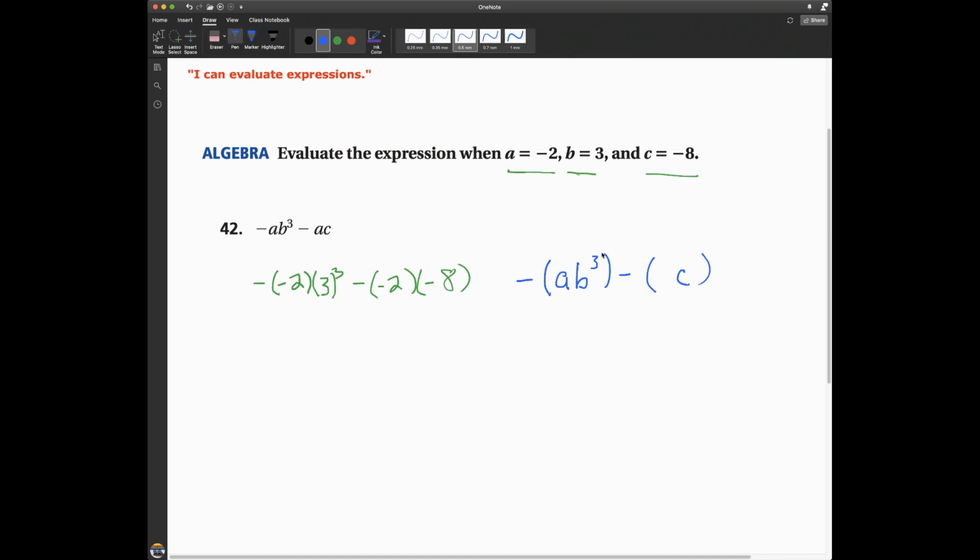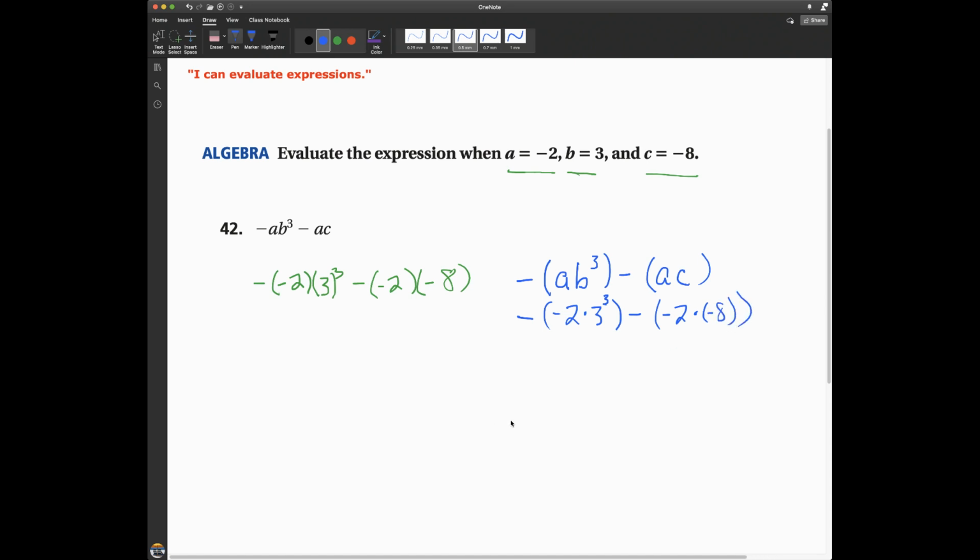All right, A times C. Then I can plug these numbers in. A is negative 2, and this is multiplication, so I can say times 3 to the third power minus, this is negative 2 again, times negative 8.